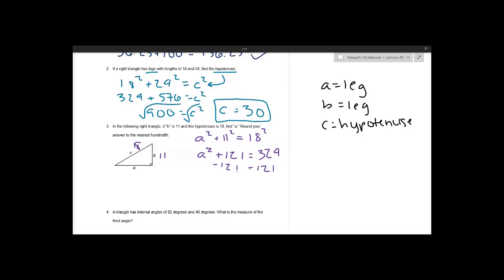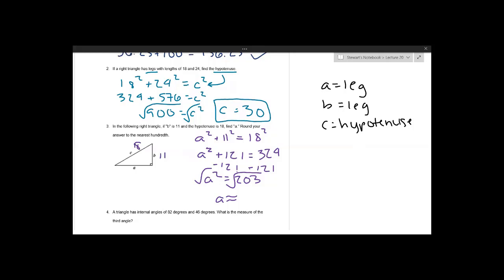So we have A squared is equal to 203. Now it says round to the nearest hundredth. I mean, we know that 203 isn't a perfect square, so we're going to get some kind of ugly decimal filled answer. So we take the square root on both sides. So A is approximately equal to, because we have to round, so it's important to note that it's not going to be the exact answer, it's just going to be approximate if we do round.